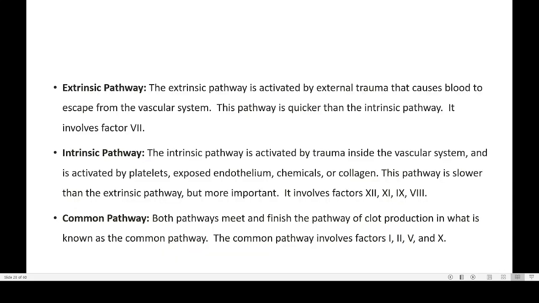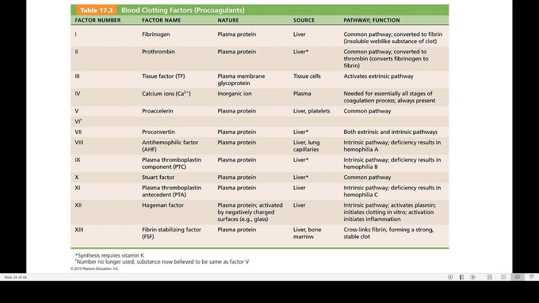In addition, 5 and 10 are also needed. What is 5? Proaccelerin is the fifth factor. The tenth factor means Stuart factor. You might have heard about a cartoon character Stewart, so just like that, Stuart factor is also there. Then proaccelerin is the fifth factor.